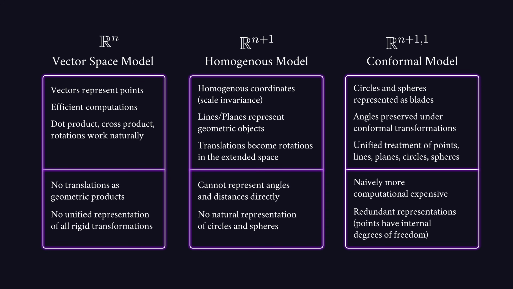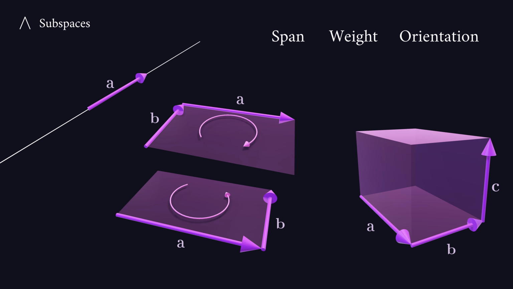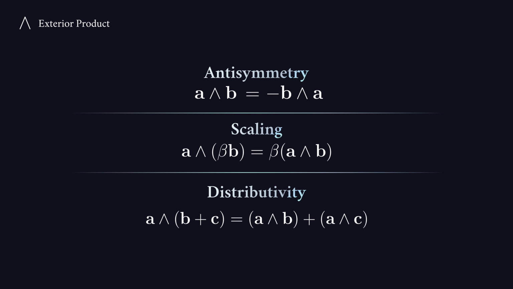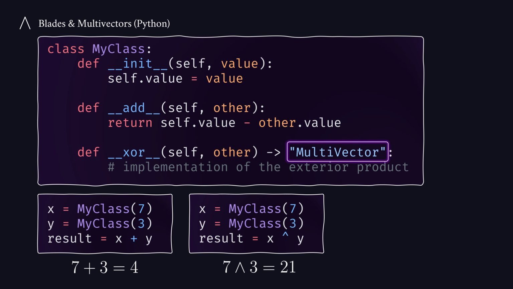So as a conclusion, I hope that I could give you a bit of an introduction to what the exterior product does. We've talked about subspaces, we've seen some properties of the exterior product, and we've seen how they actually make sense visually. We've then discussed what blades are. We also saw how to do operator overloading in Python.